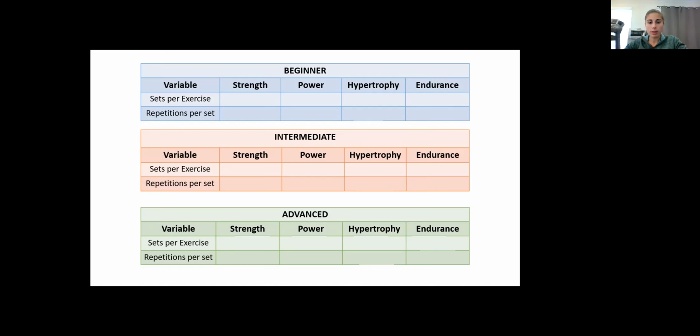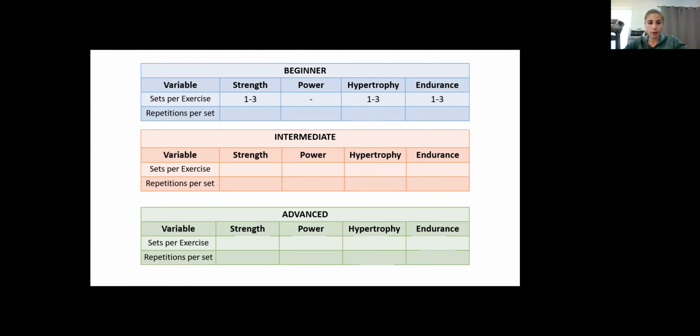You got it, Evan. Yep, 1 to 3. Awesome. So it should show you there. And we said for power, we don't recommend doing power for a beginner. So 0, right? No sets for power. So that would just be for beginner to do either strength, hypertrophy, or endurance. Now we talked about this. What would we recommend a beginner to start with?